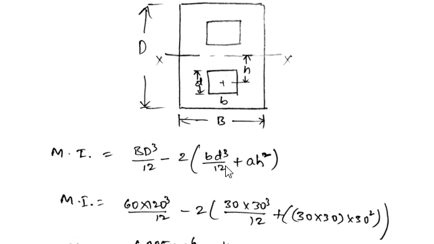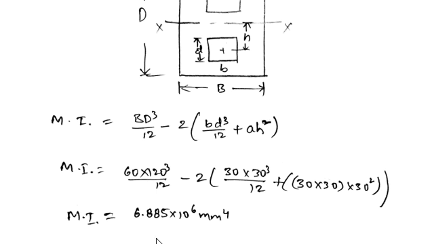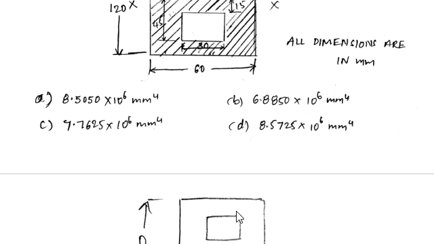So b is 30, d is 30, 30 cube by 12 plus the area 30 into 30, and h will also be 30. This 15 is given, we calculated this is 30, so this is 15, and this is also 15, so 15 plus 15 is 30, so h is 30 here. If you simplify, we get the answer as 6.885 into 10 to the power of 6 mm power 4. So option B is the right option here.